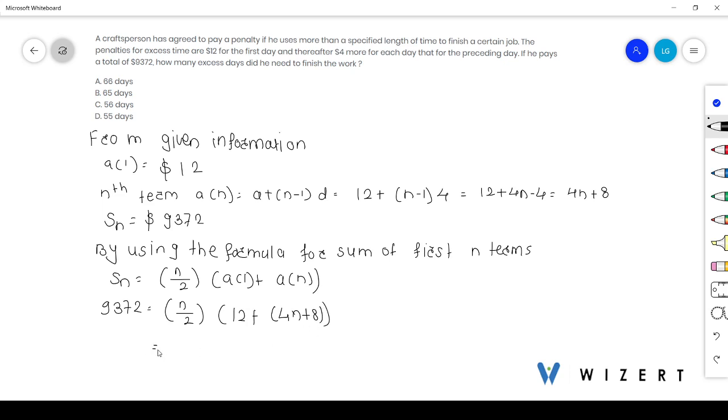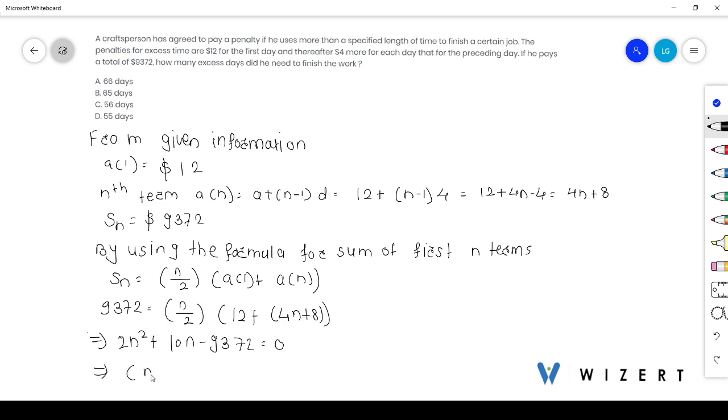After solving this, we get the equation 2n square plus 10n minus 9,372 equals 0.